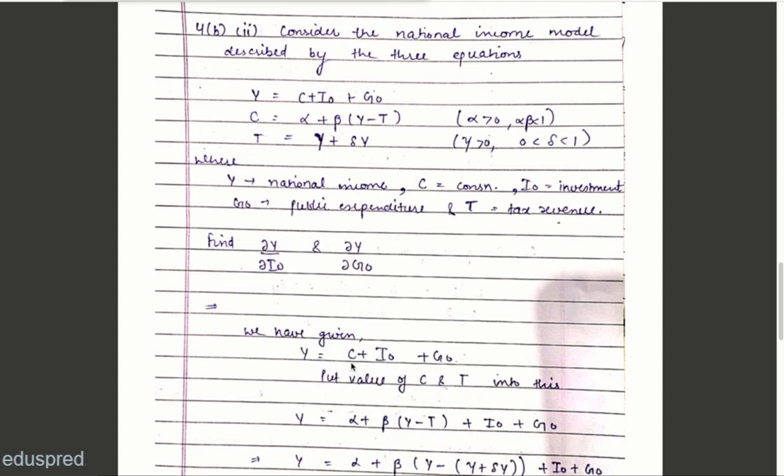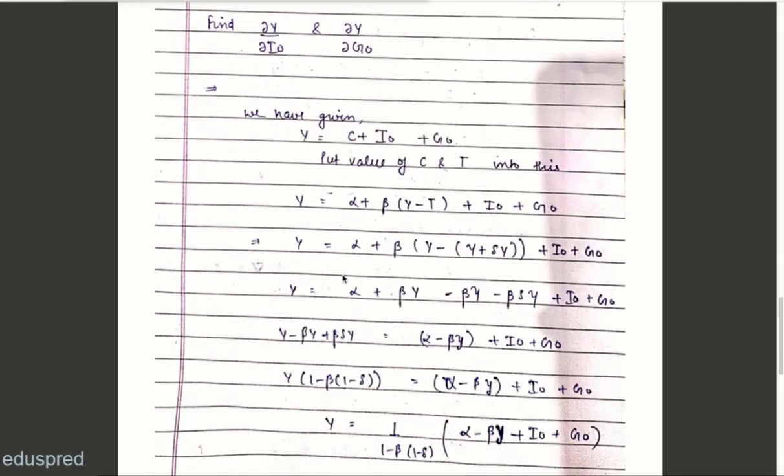So here I have substituted first for the value of C, and now let's substitute for the value of T, which is gamma plus delta Y. So that would be Y is equal to alpha plus beta (Y minus gamma minus delta Y) plus I0 plus G0. Now simplifying this, I will get that Y is equal to alpha plus beta Y minus beta gamma minus beta delta Y plus I0 plus G0.